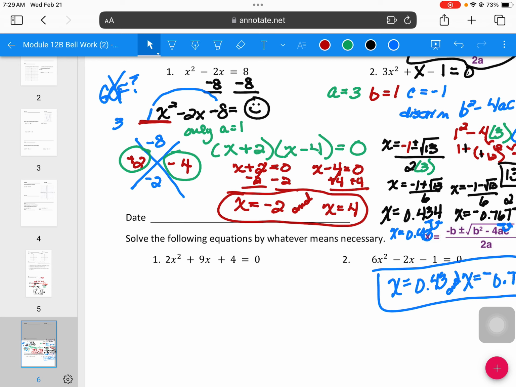And I would love to see you do this in pairs. Okay? So that way you've got people working with you. 2 heads are better than 1. Do you need me to match you up, or do you want to match up yourself, or do you want to do it on your own?